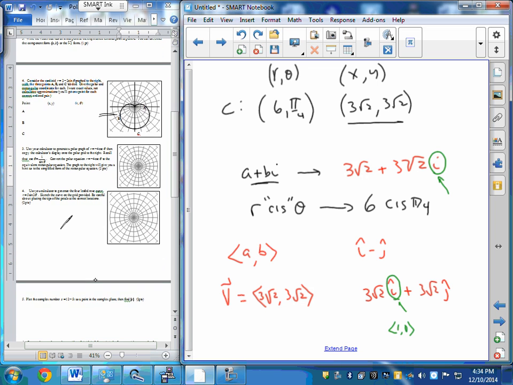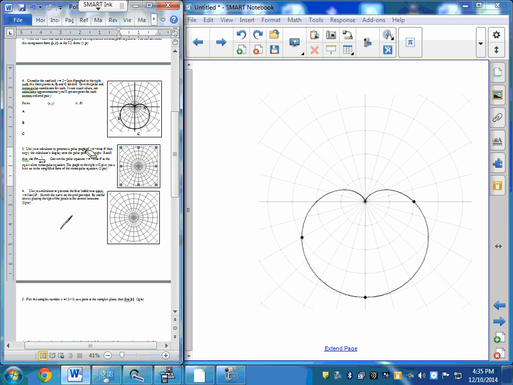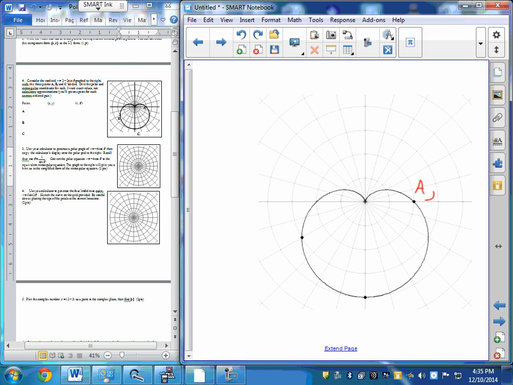Second page. Now we have this cardioid. We have some points labeled on the cardioid, and our task is to find the x and y coordinates. So point A is labeled over here, and just counting rings, we see this is 2 rings over and 0 degrees.